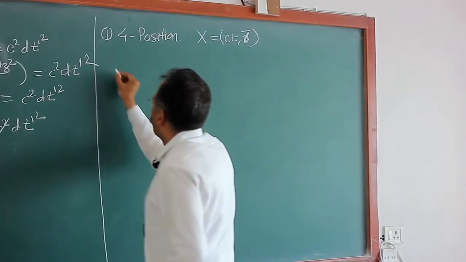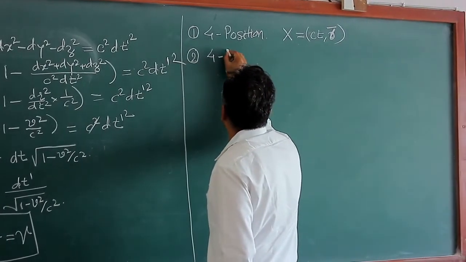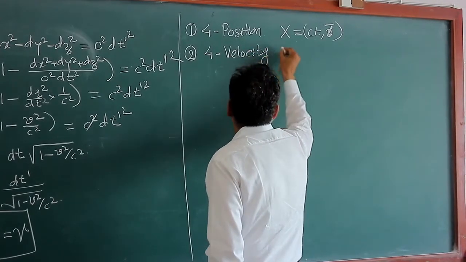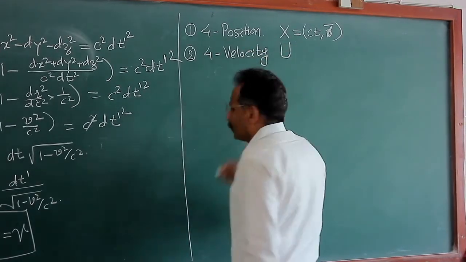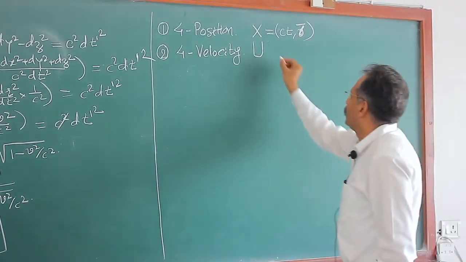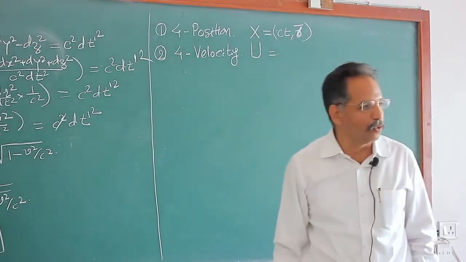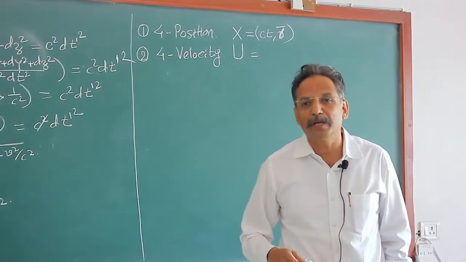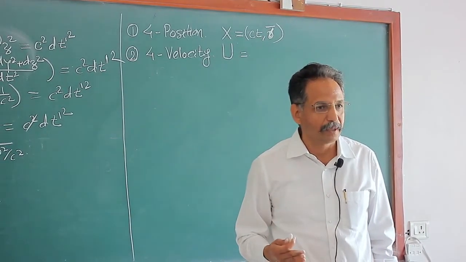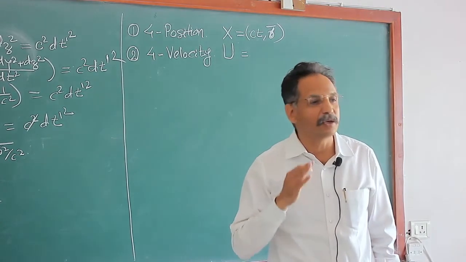Velocity is the second quantity that we have, and I am going to use capital U later to represent velocity. I would like to differentiate the position with respect to tau, that is proper time. Why with respect to proper time? Because proper time is a good candidate.